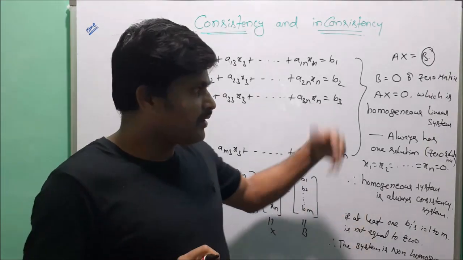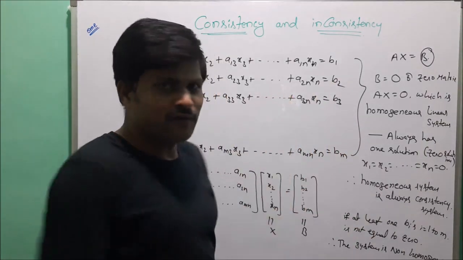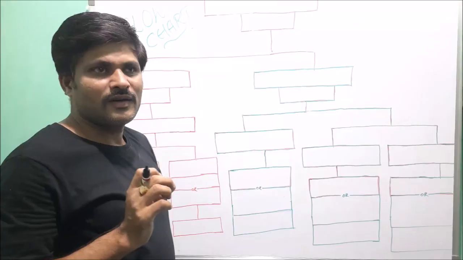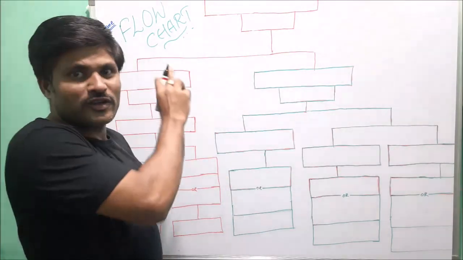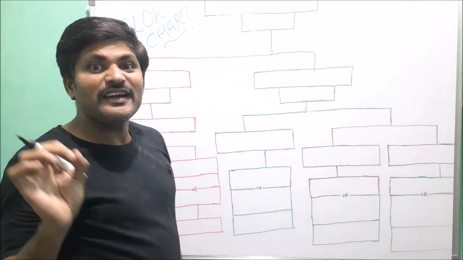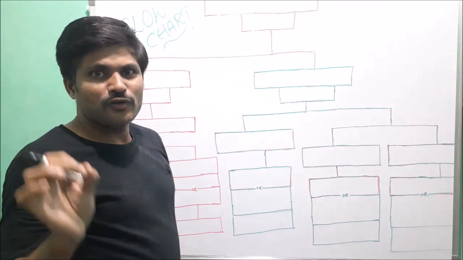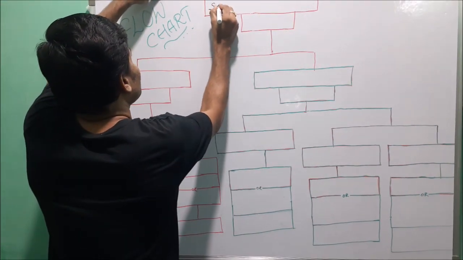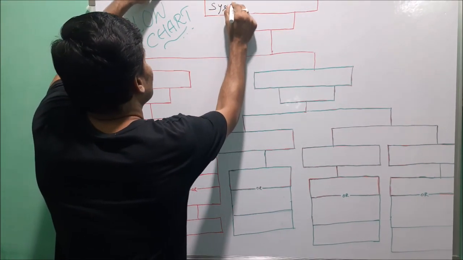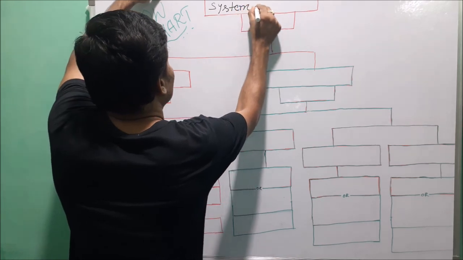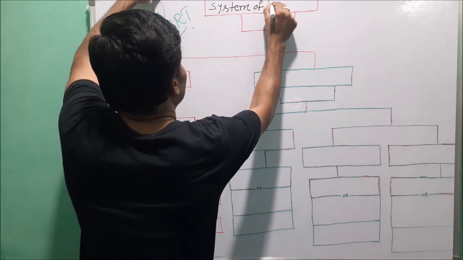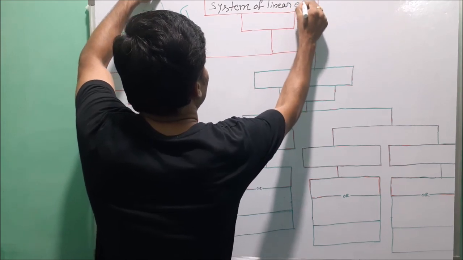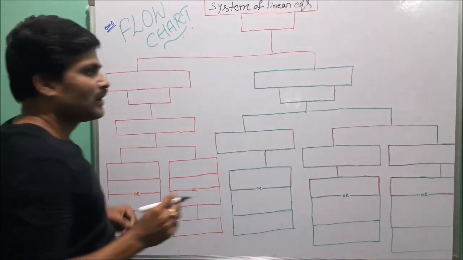Now we go to the flowchart of the system of linear equations. Now we discuss the flowchart of consistent and inconsistent systems for the given linear system. So the given system is a system of linear equations.